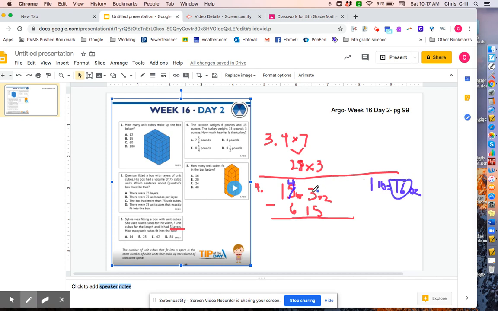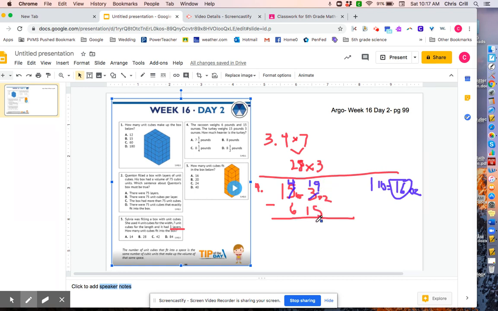But I'd have to add the 3 ounces that were in addition to that pound. So here's my 16 from this pound, plus the 3 more ounces would give me a total of 19 ounces. Now I have enough ounces to subtract.